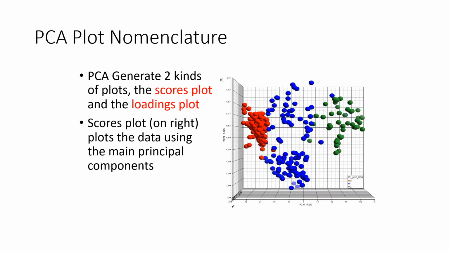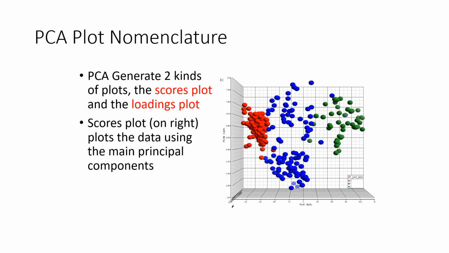Now, PCAs will generate 2 different types of plots. The most commonly illustrated plot is the scores plot, and we've just seen that one where we show these three clusters, the red, the blue, and the green cluster. And it tries to plot out, in this case, these three different subjects or patients in metabolite dimension space.